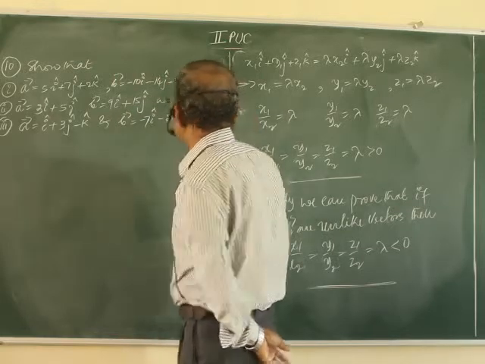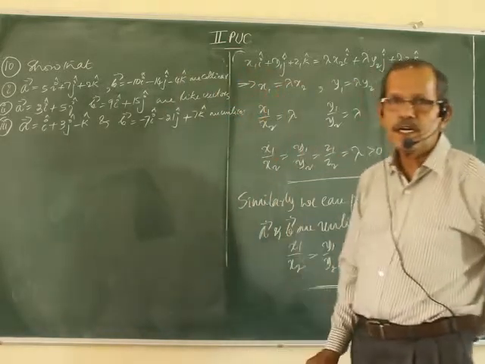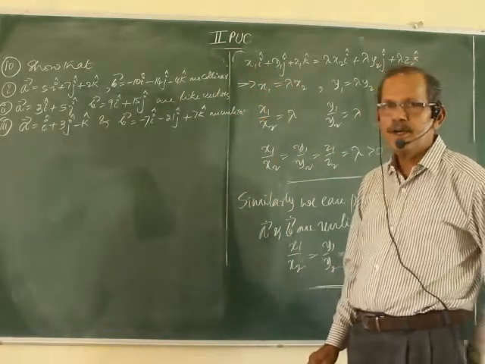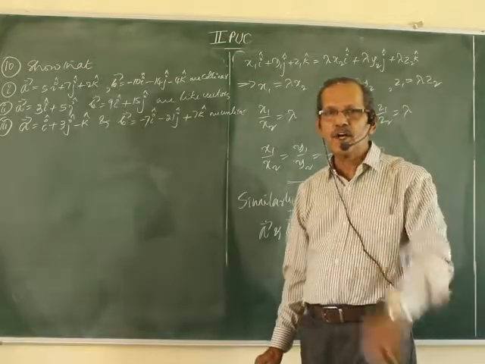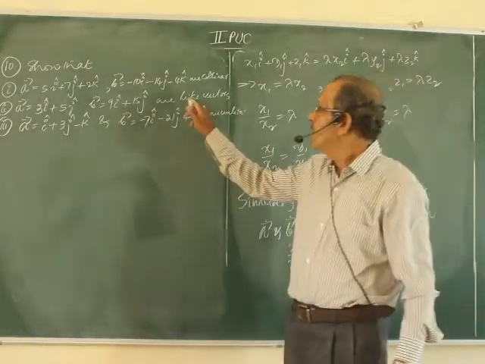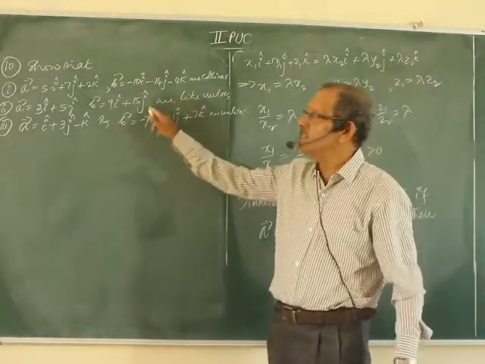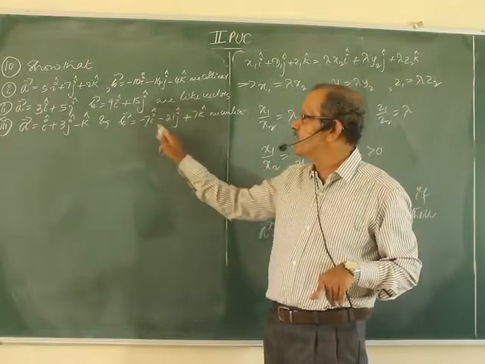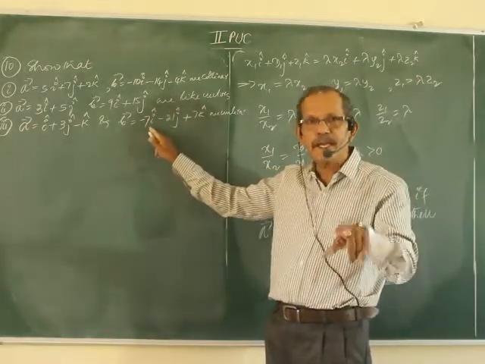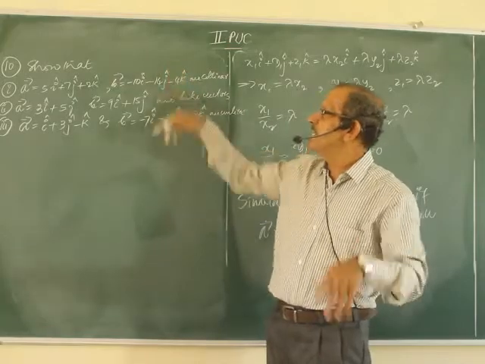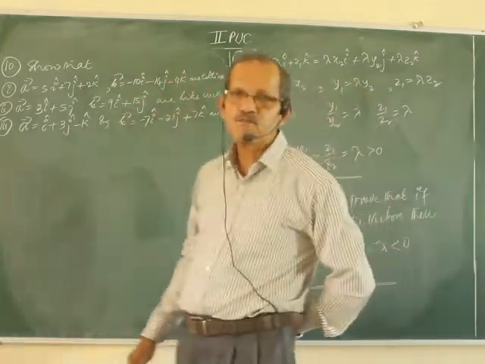All the questions are there. See, 3 problems, collinear. You need not bother about the sign of the constant ratio. But the sign of the ratio should be positive for like vectors. The sign of the ratio should be negative for unlike. Any sign for the collinear vectors.